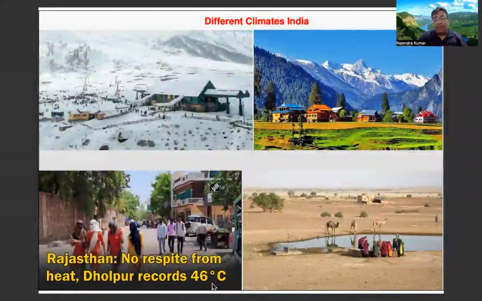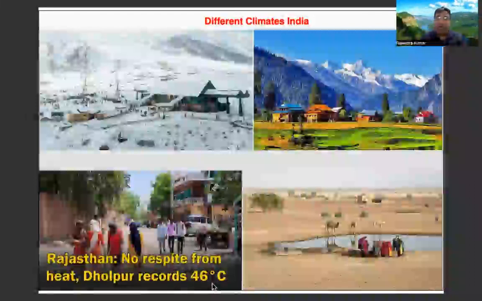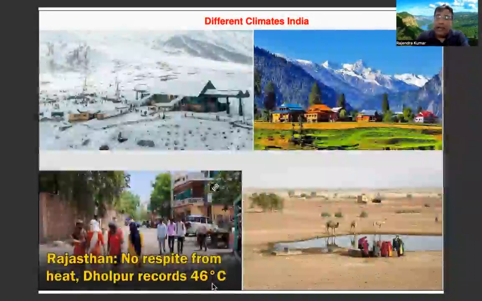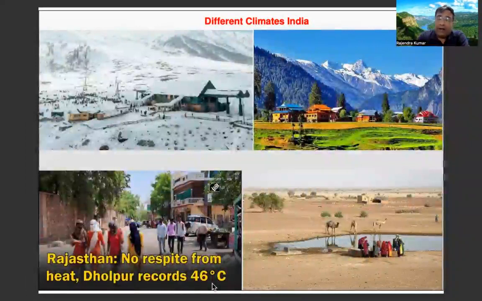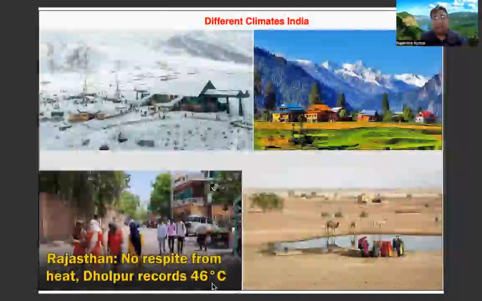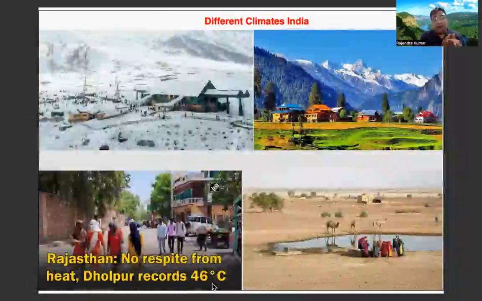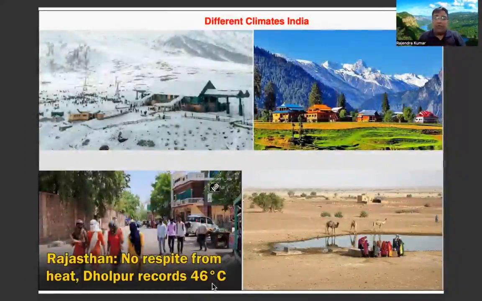This temperature will keep on increasing, and it may go to 48, or even for that matter 50 degrees centigrade by next month. So the hottest period in the northern part of India is from the last week of April to mid or last week of June.